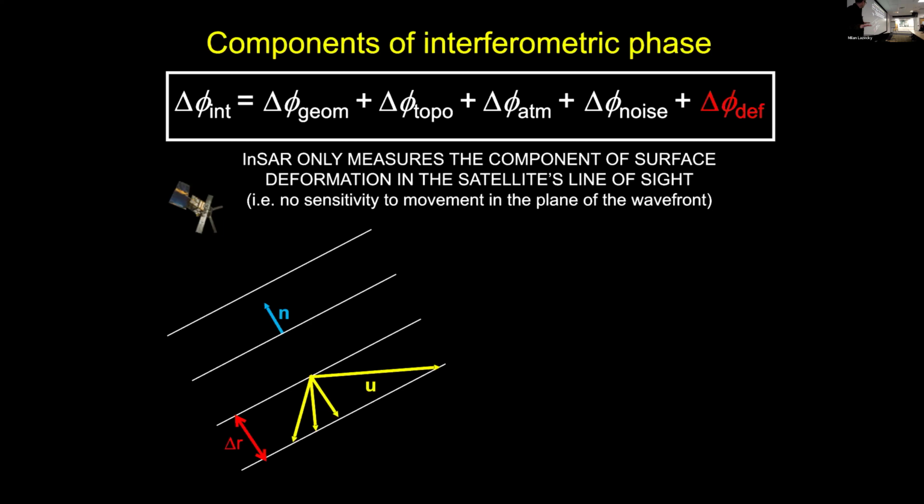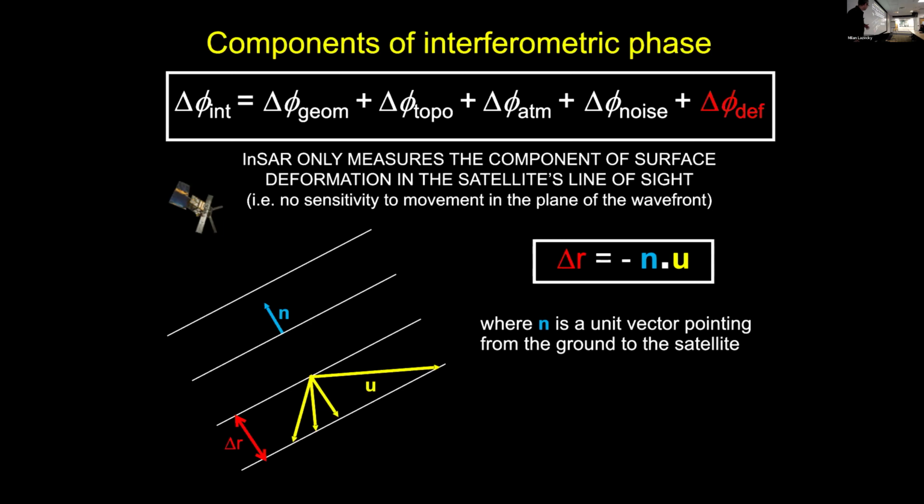So we have no sensitivity to movement in the plane of the wavefront. So, like I said, if we're looking straight down, we couldn't see anything moving horizontally. Right? But actually, we're not looking straight down, so we can't see any movement in that direction. So all of those vectors U basically give you the same range change delta R in this case.